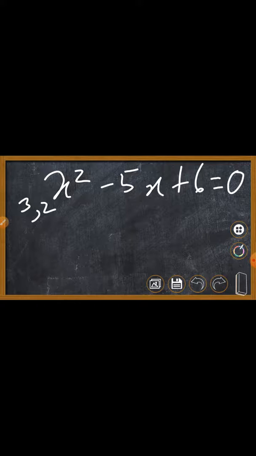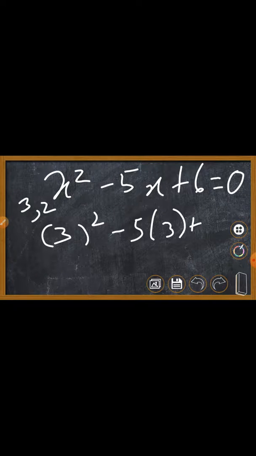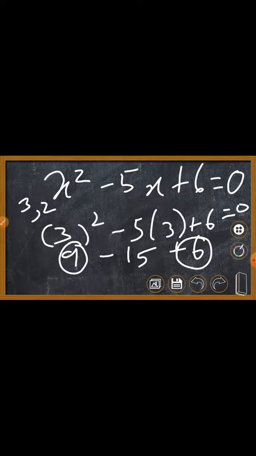So if I put 3 instead of x over here, then it becomes 3 square minus 5 into 3 plus 6, which becomes 9 minus 15 plus 6. 9 plus 6 is 15, and 15 minus 15 is 0. So if you put the values 3 or 2 back in the equation, you get 0.